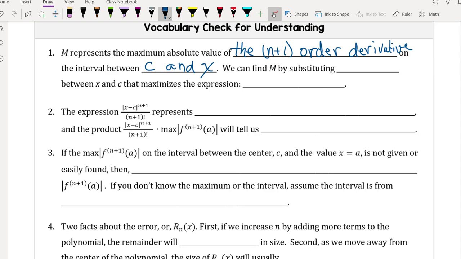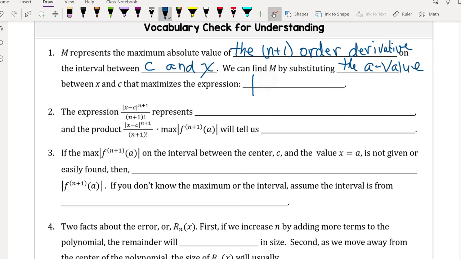So we're picking some value in an interval a little distance away from our center, and we're going to take the derivative at that point, and M is the absolute value of that n plus 1 order derivative. We can find M by substituting the a value between x and c that maximizes our expression.